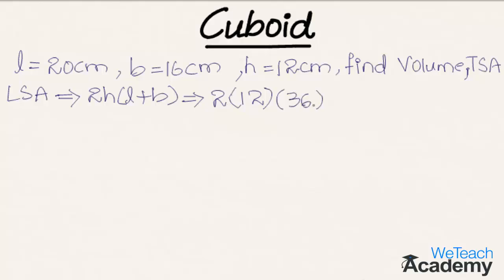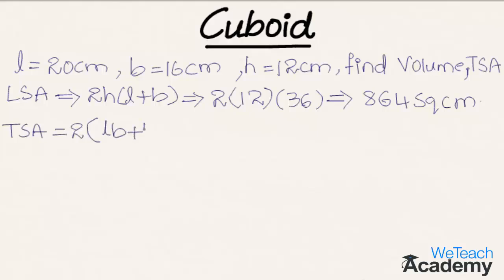By multiplying all the terms, we get the product as 864 square centimeters as the lateral surface area. Then coming to the total surface area. The total surface area of a cuboid is given by the formula 2 times of LB plus BH plus HL.